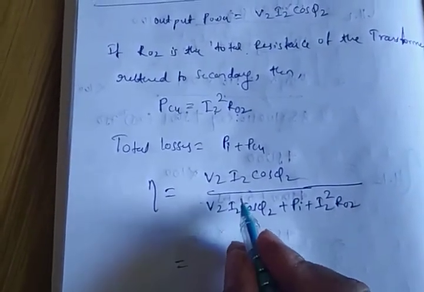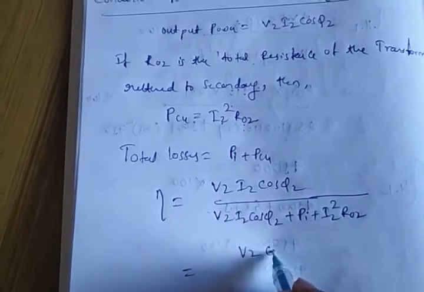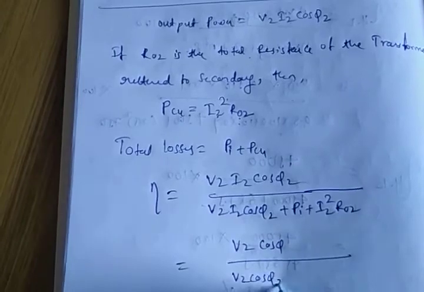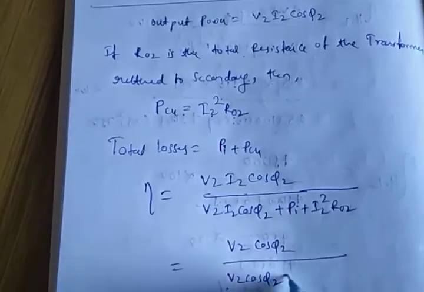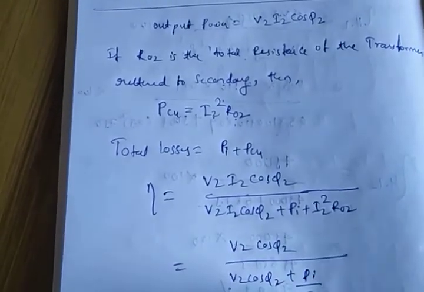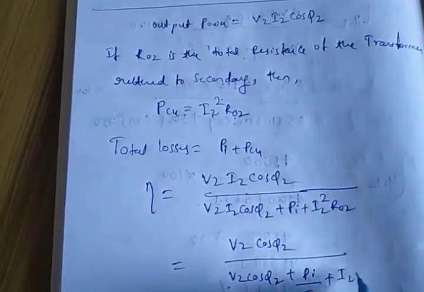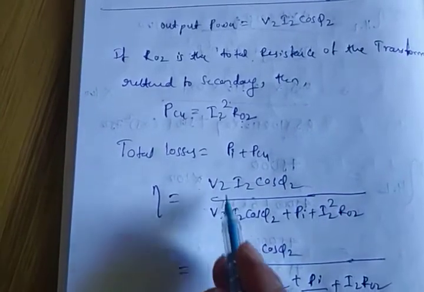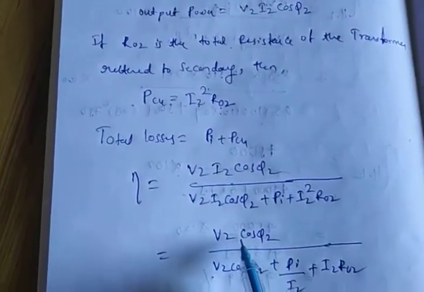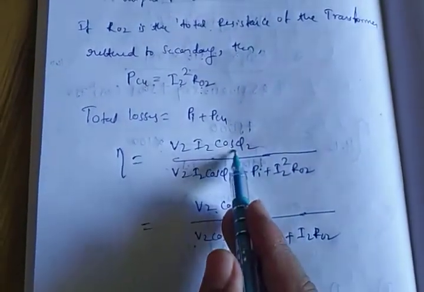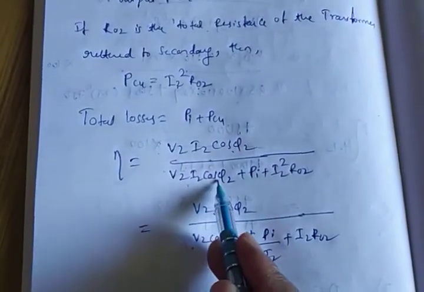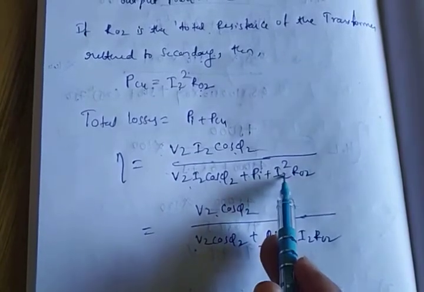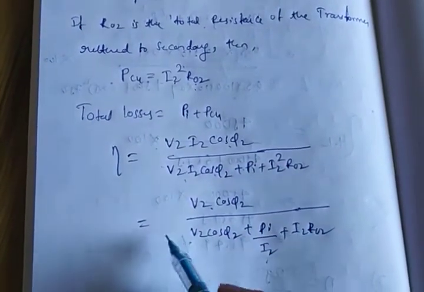Taking I2 common in the numerator and denominator, I2 gets cancelled. The remaining is V2 cos φ2 in the numerator divided by V2 cos φ2 plus PI by I2 plus I2 R02.